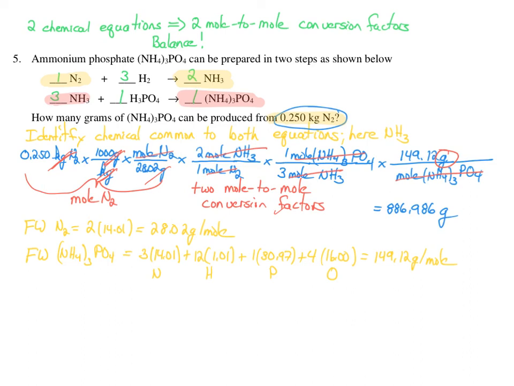Now let's check sig figs. 3 sig figs, exact. 4 sig figs, exact, exact. 5 sig figs. So here we're limited to 3 sig figs, which means our final answer is going to be 887 grams.